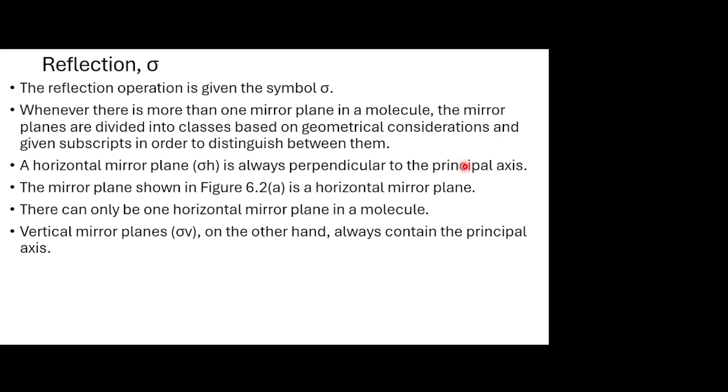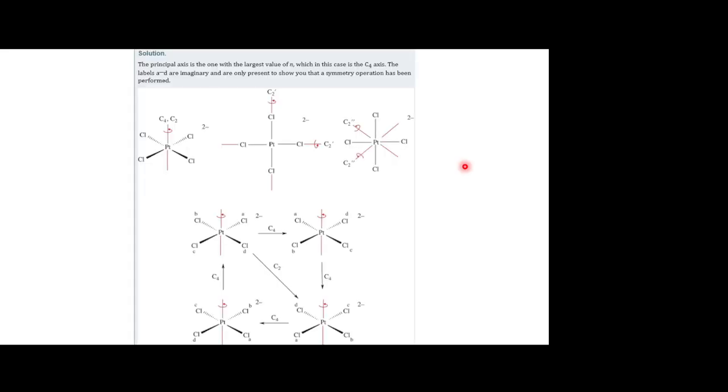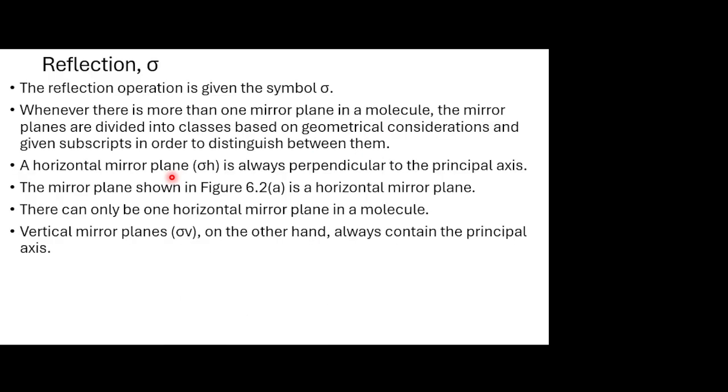Everybody see that? It'll contain our axis. So, for example, this right here is our axis, right? It would be planes that chop this in half. Chop, chop, chop. Those would be our reflections, planes that contain our primary axis.